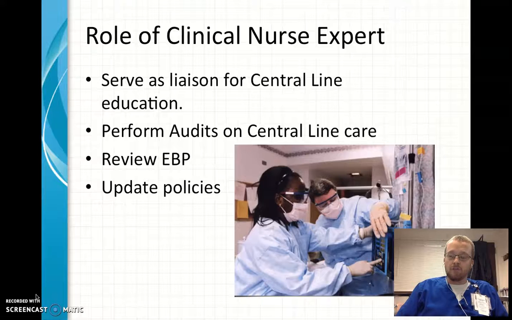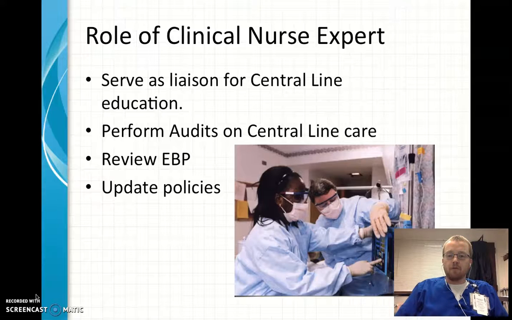So they created a position for Jill to serve as the liaison for everything to do with Central Line education. So everybody that comes through general nursing orientation, the new physicians, anybody that has to do with Central Line care or Central Line insertion gets educated about how to prevent CLABSIs.